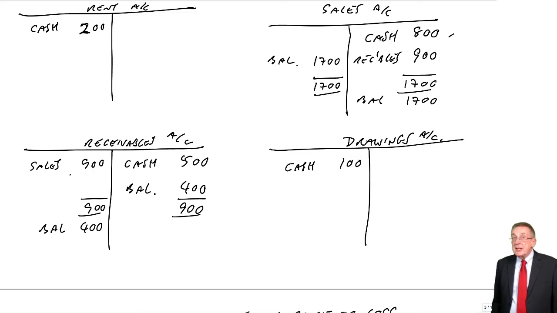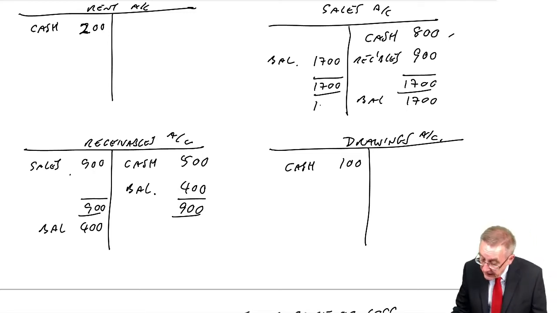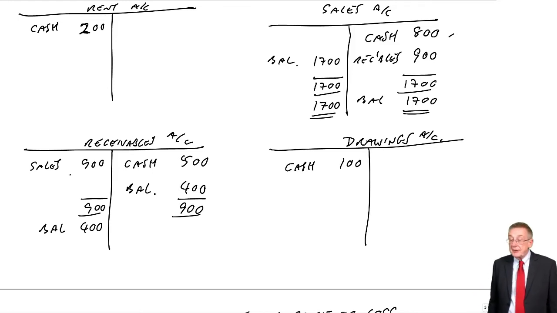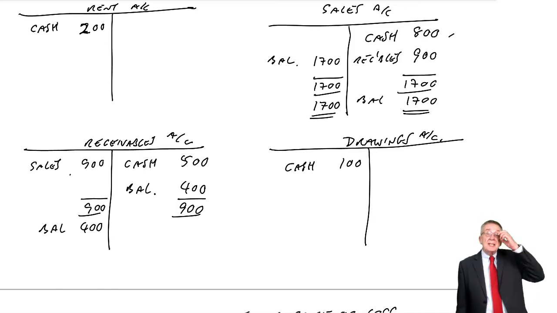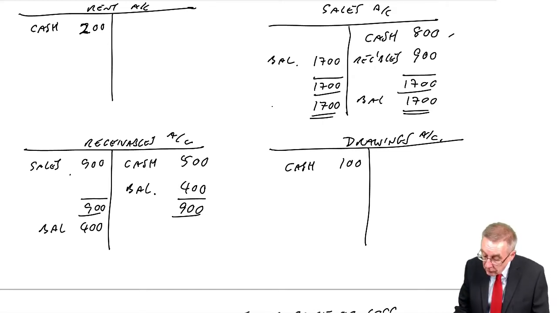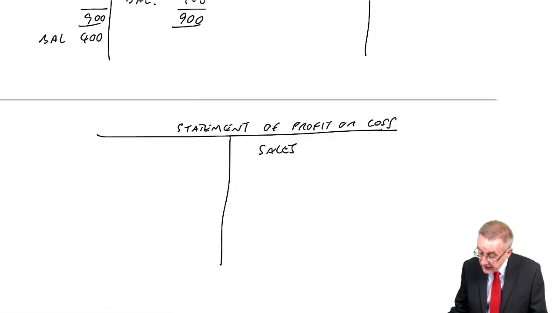We finish this year, we remove it. If I debit with 1,700, the balance is 0. Putting those double lines signifies there's no balance left. The balance is 0, and I could use the same T account next year to list next year's sales. The double entry, debit sales, credit statement of profit or loss with, and I've forgotten the figure, 1,700.